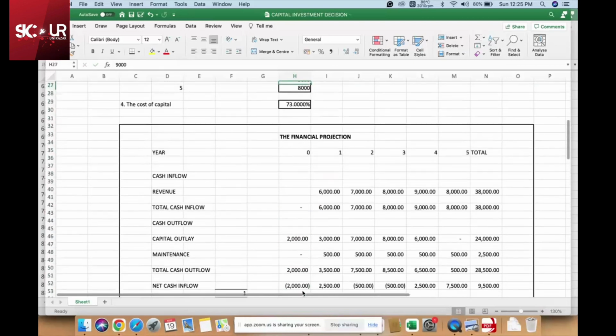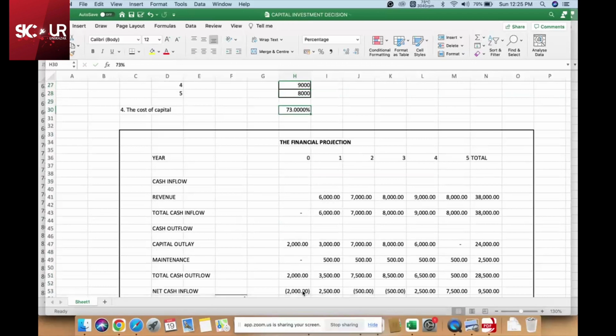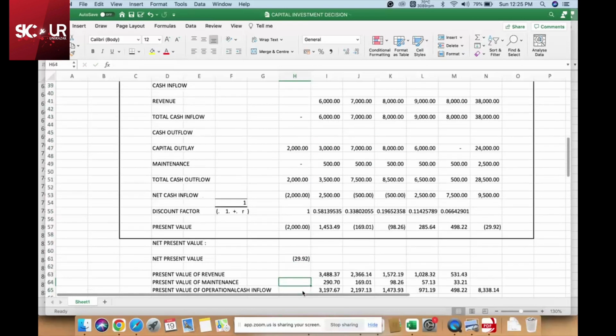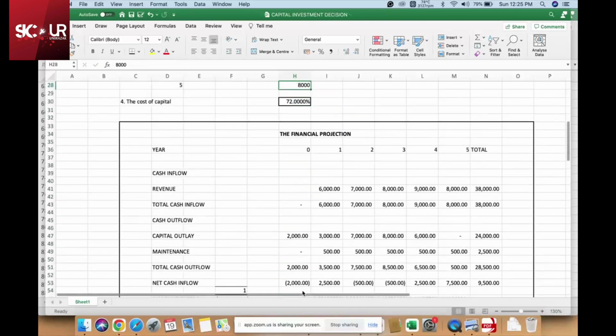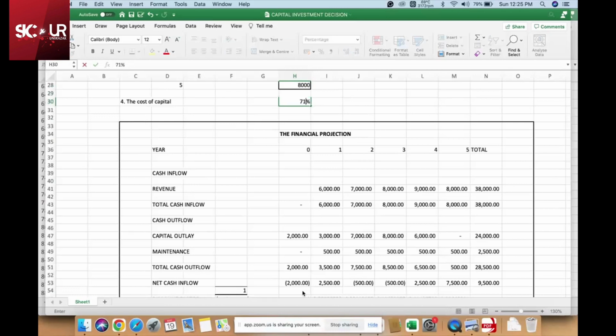So let's change to 72%. At 72%, it is still negative. That means it is at 70 point something percent. 71.5%.